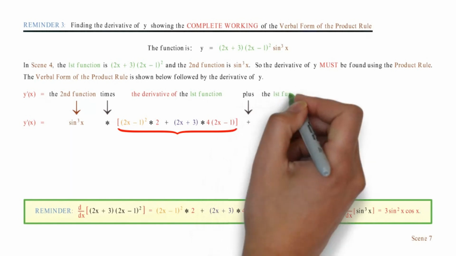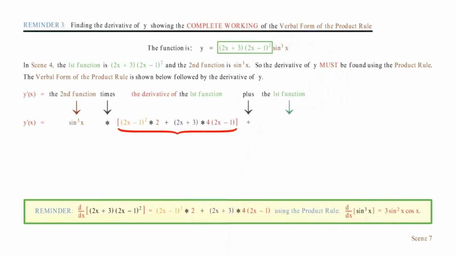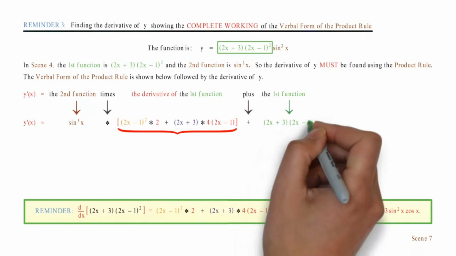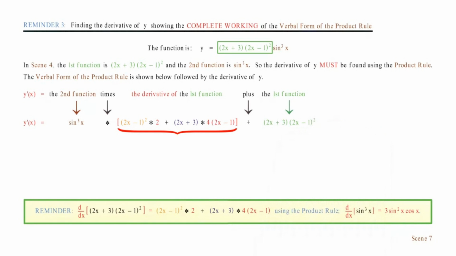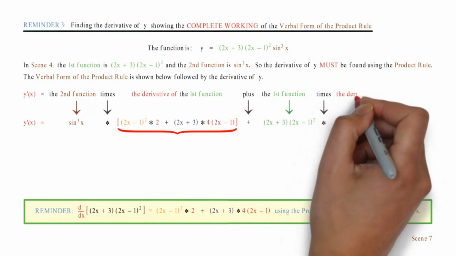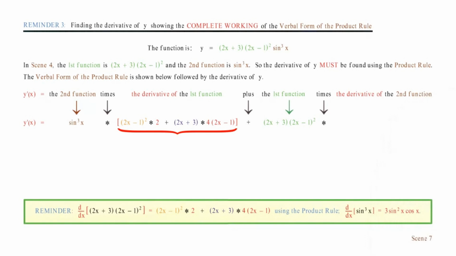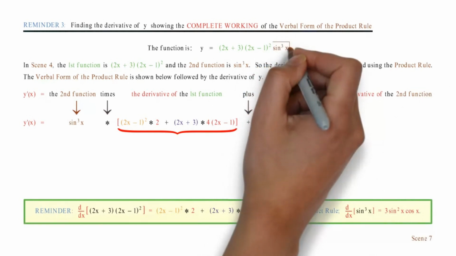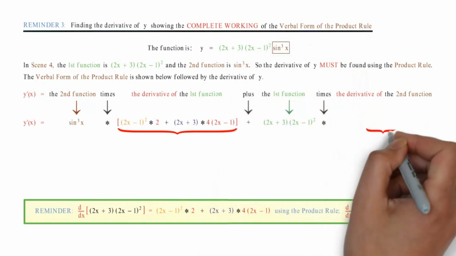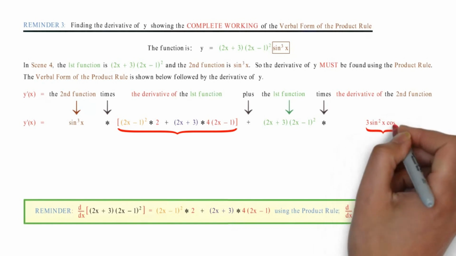the first function, this expression, so substitute 2x plus 3 times 2x minus 1 all squared, times the derivative of the second function, the derivative of sine cubed of x, which is 3 sine squared of x cos of x.